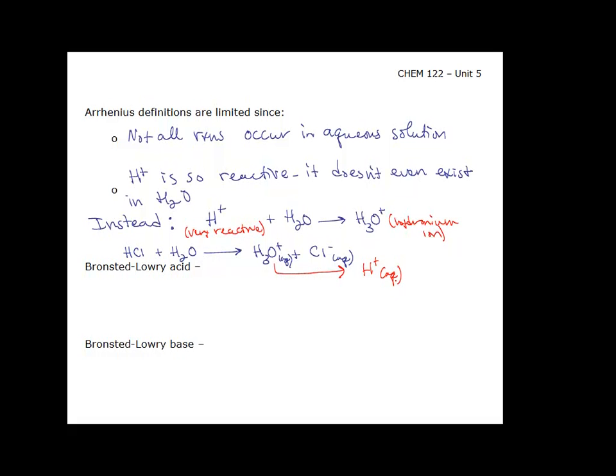Broader definitions of acids and bases were developed after the shortcomings in the Arrhenius definitions were realized. These are the Bronsted-Lowry acid and base definitions. The Bronsted-Lowry definition of an acid is that an acid donates a proton. When I say proton, I'm talking about H+.